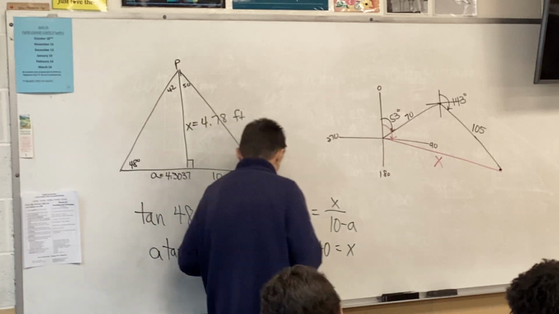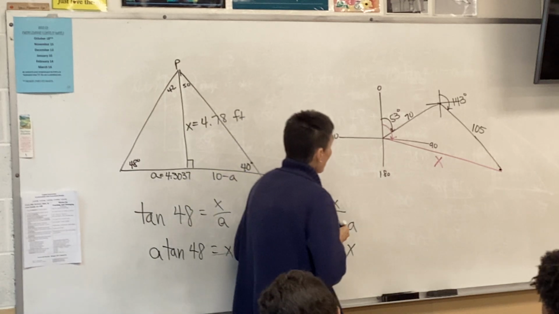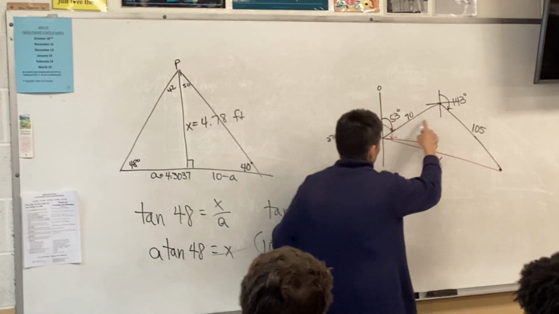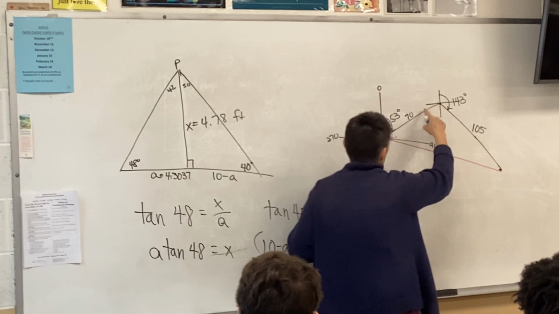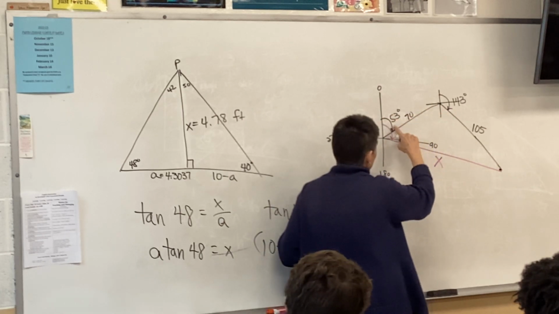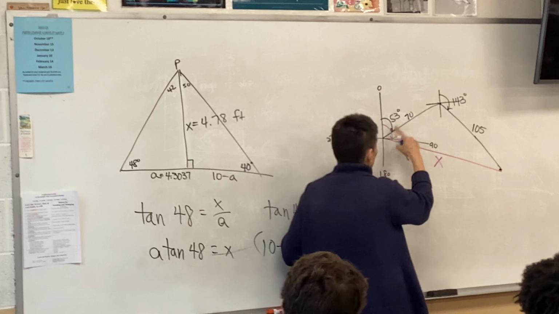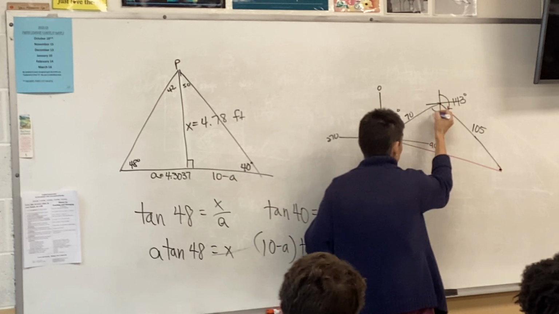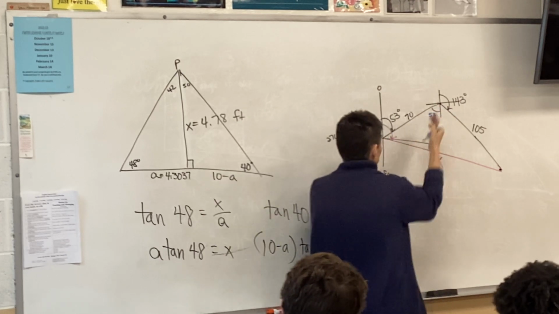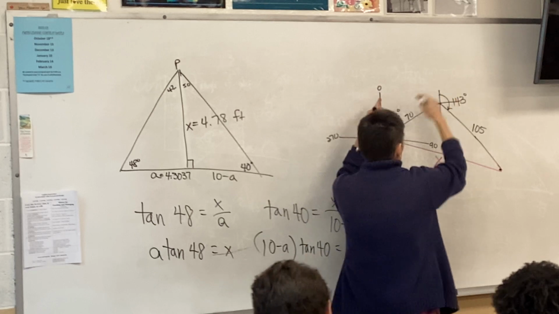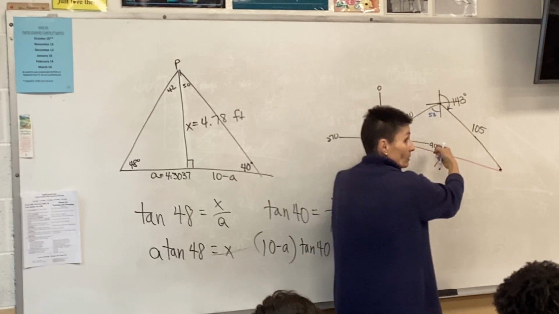Now, let's talk about what we know. Let's look right up here at this compass. If that's 53, would you agree this is 53? Alternate interior angles.